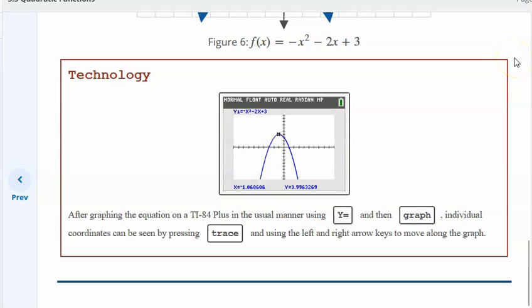And the real cool part of this is if you have a graphing calculator, you can actually put that in there and it shows you what the graphs look like. And you can use the trace function to see various points.